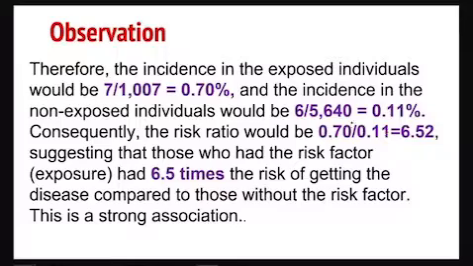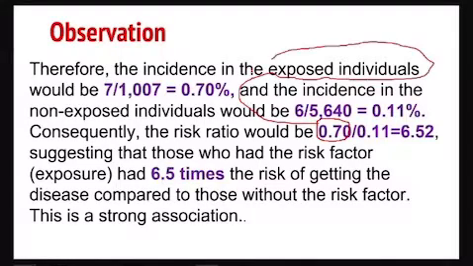What I put in the numerator corresponds to the exposed. Don't forget, your interpretation depends on what you put at the top. So 6.52, what does that mean? It suggests those with the risk factor exposure have 6.5 times the risk of getting the disease compared to those without the risk factor.